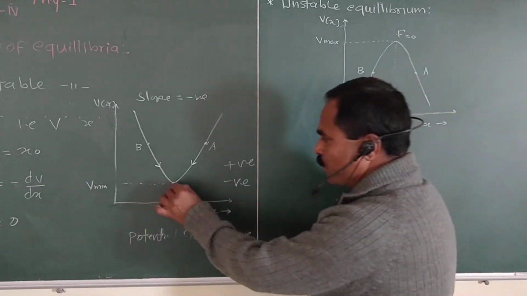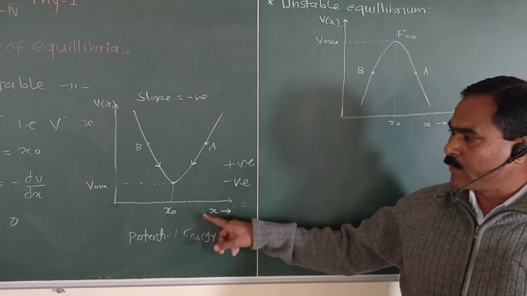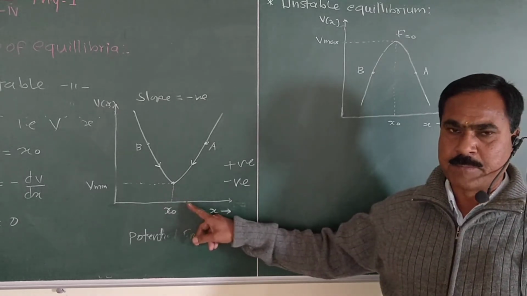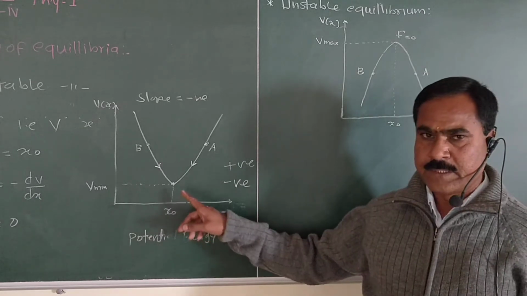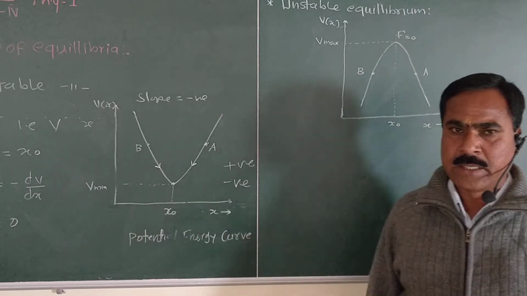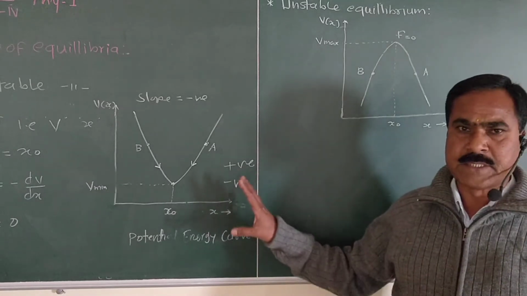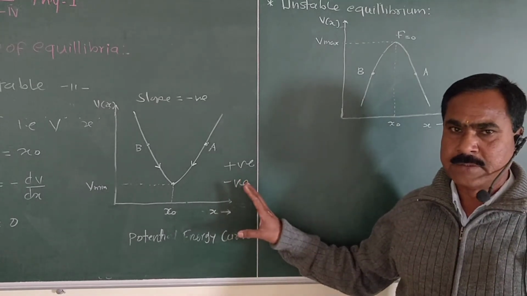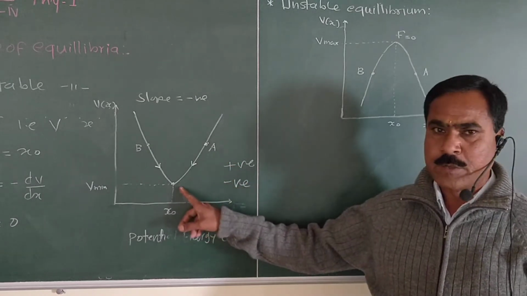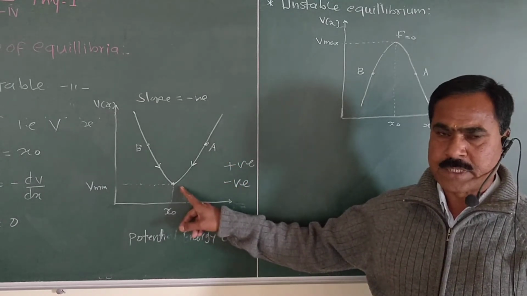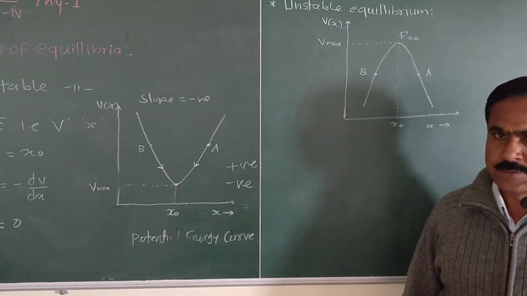This position, where the potential is minimum and the force acting on the particle is 0, is called the equilibrium position.